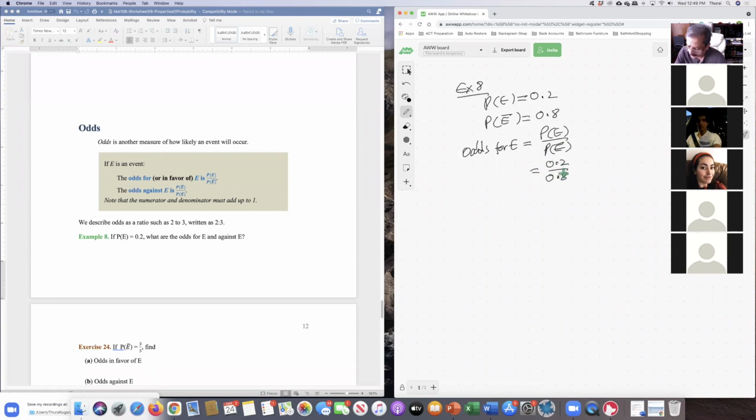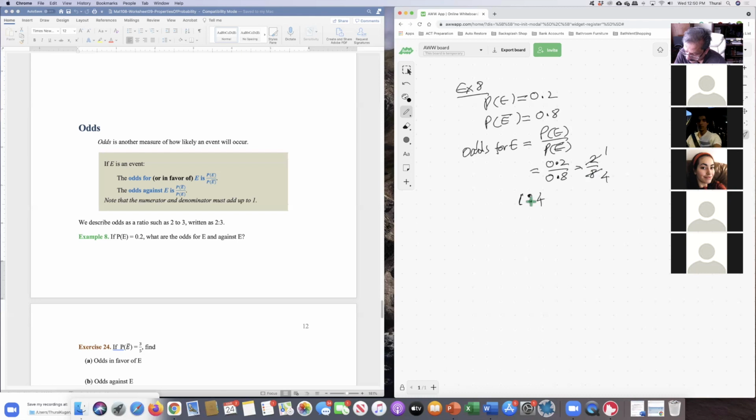When you have one decimal digit in the numerator and the same in the denominator, it becomes 2/8, because you're multiplying numerator and denominator by 10 so both become whole numbers. You have to reduce that. 2 divides both, so 1/4. And so you present your answer as 1 to 4.